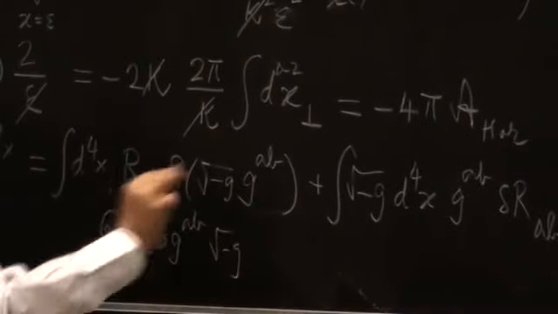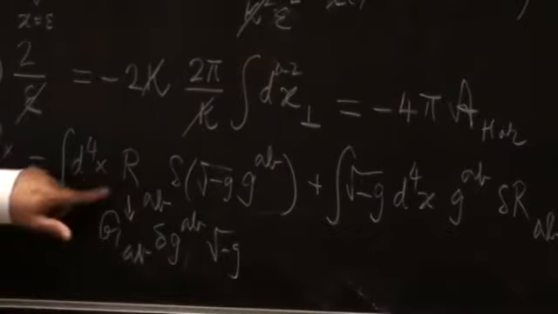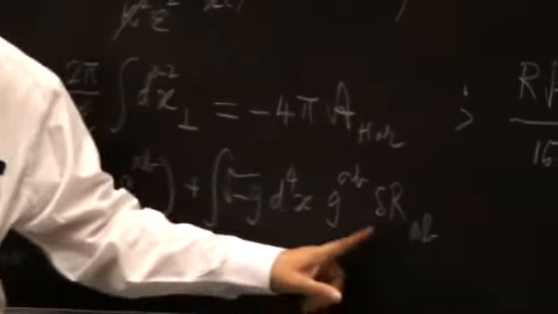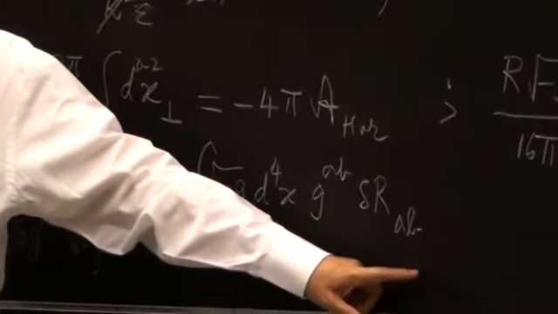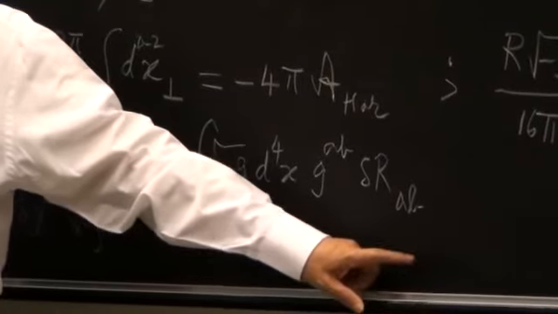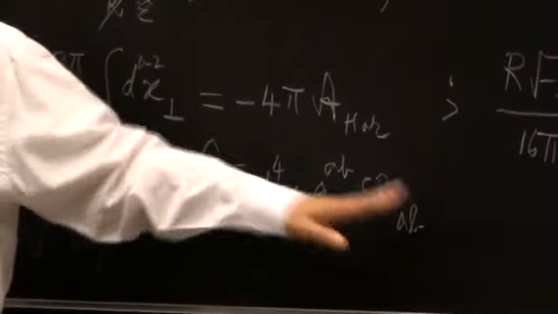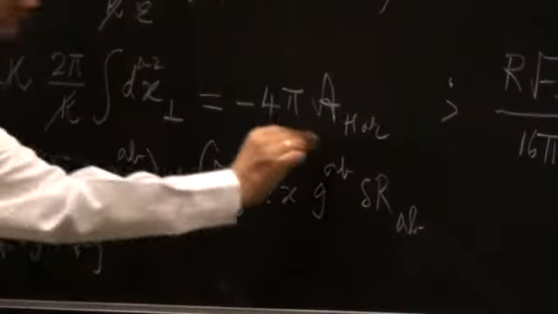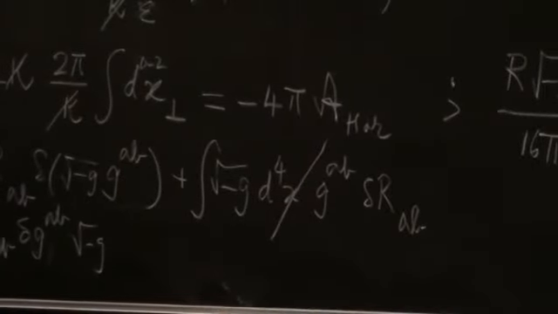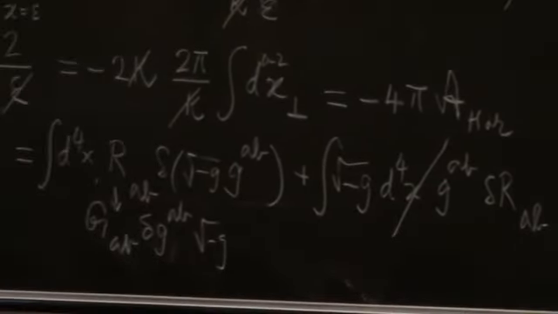This is what this term will lead to. This term, with all the variation of delta R_AB, just becomes a total divergence. You compute it, you will find this is a divergence, and this is the term which you throw away. So this is the variation of the surface term which completely vanishes.